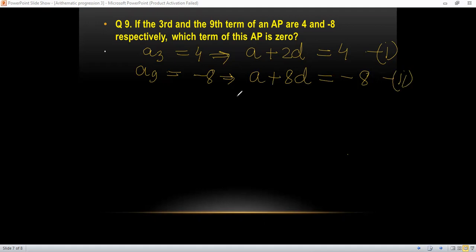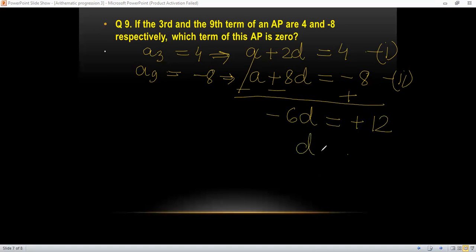Now subtract both the equations. We will change the sign. Here it is minus, so I will write plus. A will get cut. So we get 6D is equal to minus 12. So D will be minus 2.